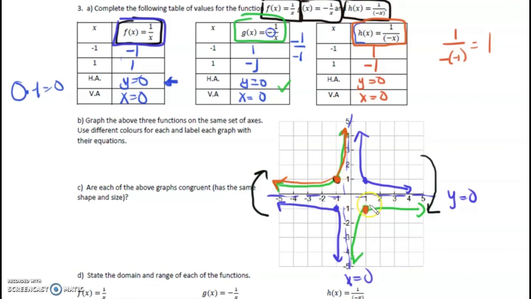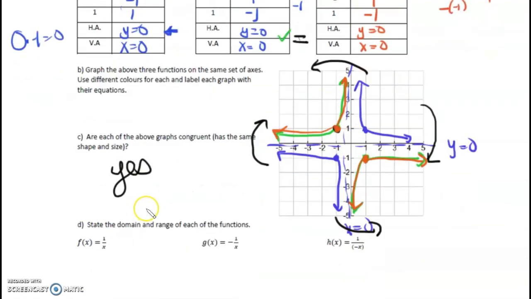What do we notice? We notice that a reflection in the x-axis is going to actually be the same as a reflection in the y-axis, because this time this was reflected this way, this curve, and this curve was reflected this way. It's actually going to yield the same. So these two are equal. Okay, so yes, this is congruent.